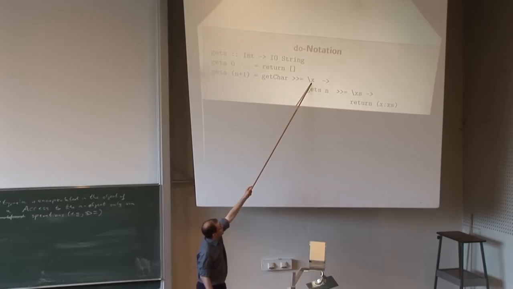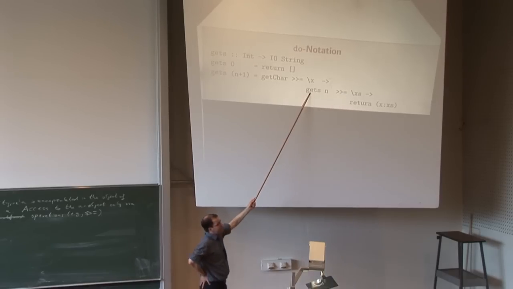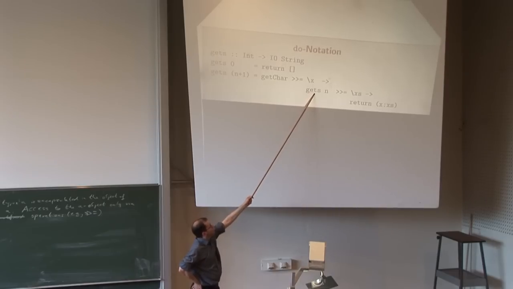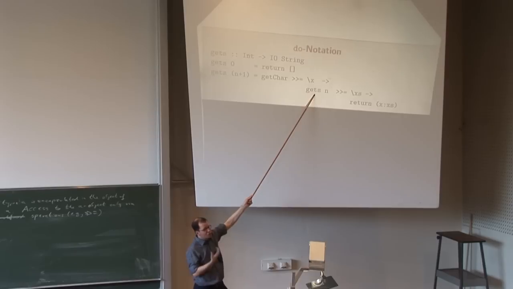So we take the character that was read here, the x, and then depending on the x here, we do another I/O string action. And what does this I/O string action do? Well, it calls gets recursively, so it reads the remaining n characters from the keyboard. And so here we have an I/O action where the string of the remaining n characters is encapsulated.